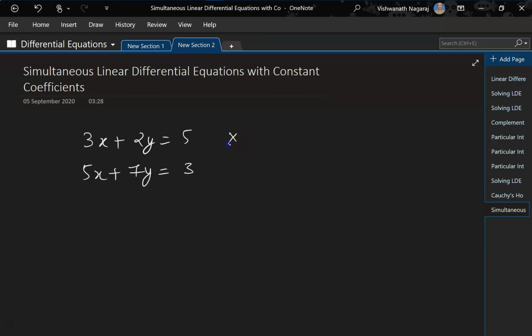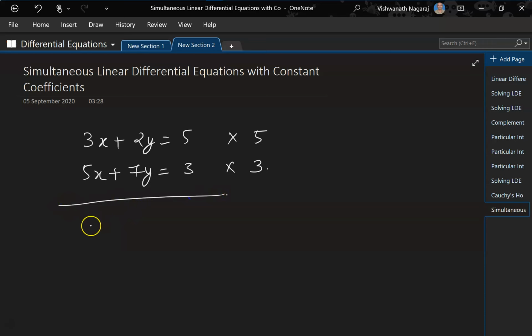What we do is multiply both equations with something which enables us to cancel one of these variables, right? So for example, we may multiply this by 5 and this by 3.